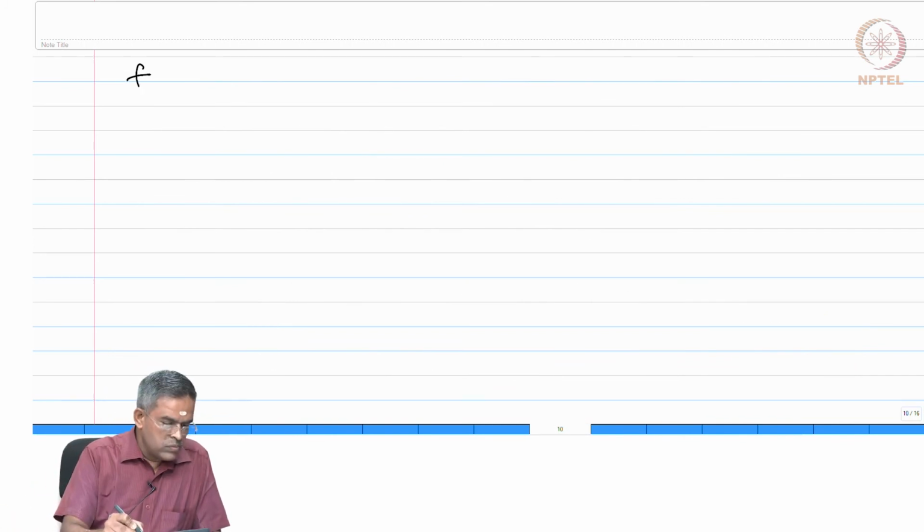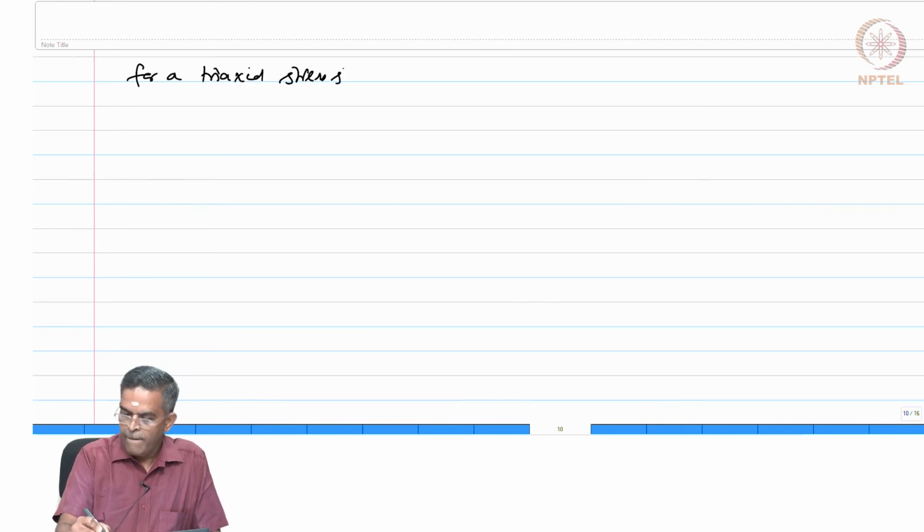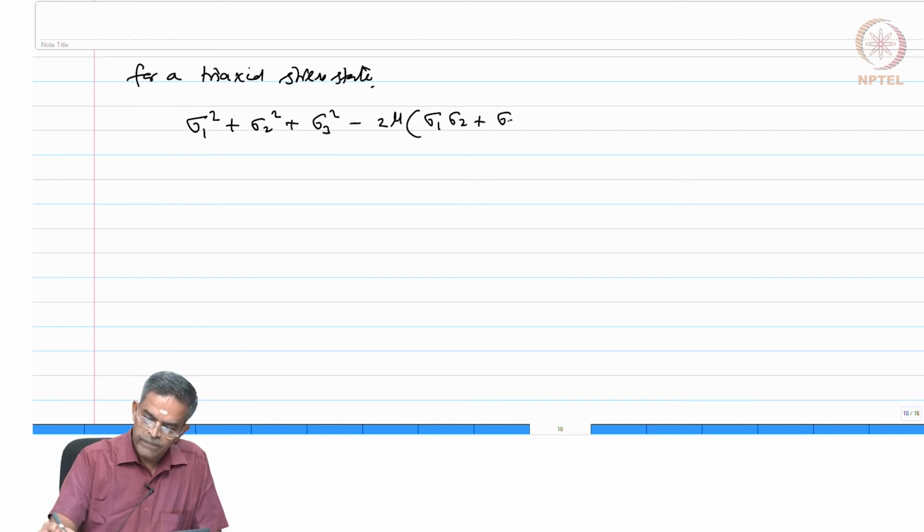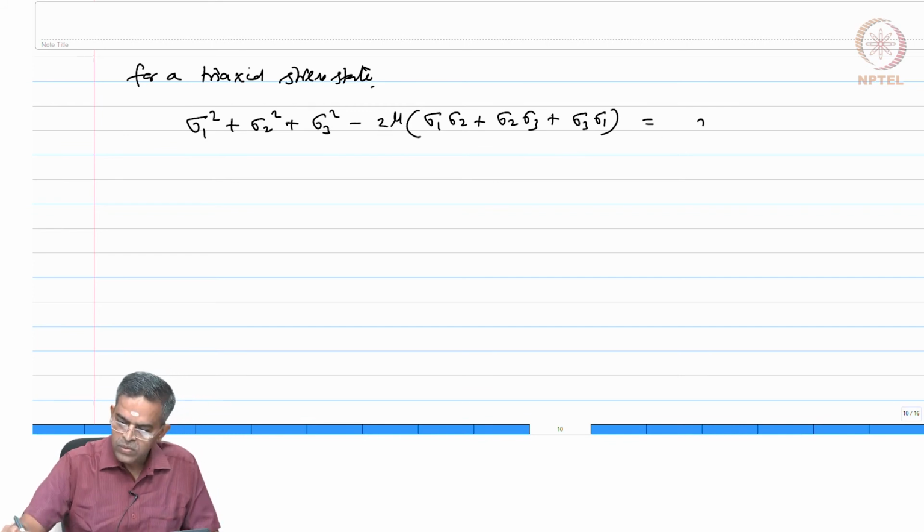So, for a triaxial stress state, this should be equal to sigma yp square, am I right?